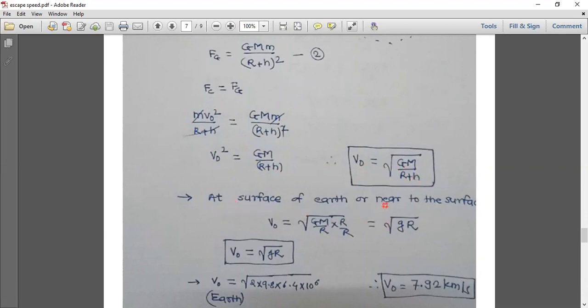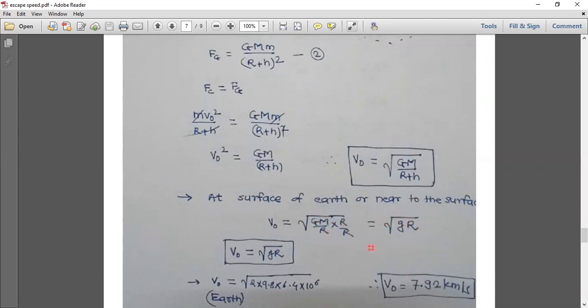Now at the surface of earth or near to the surface, this h is going to be 0. Yes, means h is very much less than r. If h is very much less than r, then we neglect it, and then we get v0 is equal to root GM by r. After this I am multiplying by r and r, so GM r by r square. So this GM by r square is nothing but g, and this r is as it is.